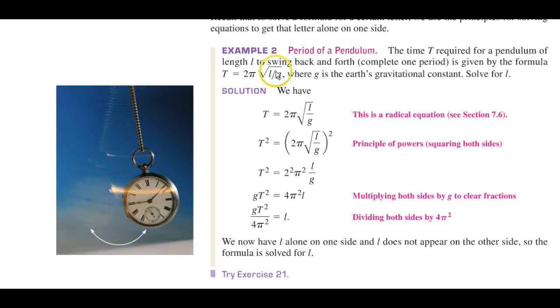And I see when they have it this way, I don't like it, but then they switched it over to this way that I do like, where g is the Earth's gravitational constant. Solve for the letter L.